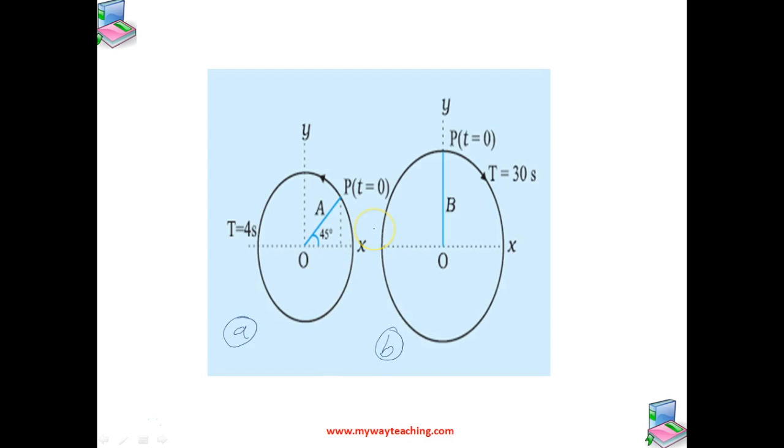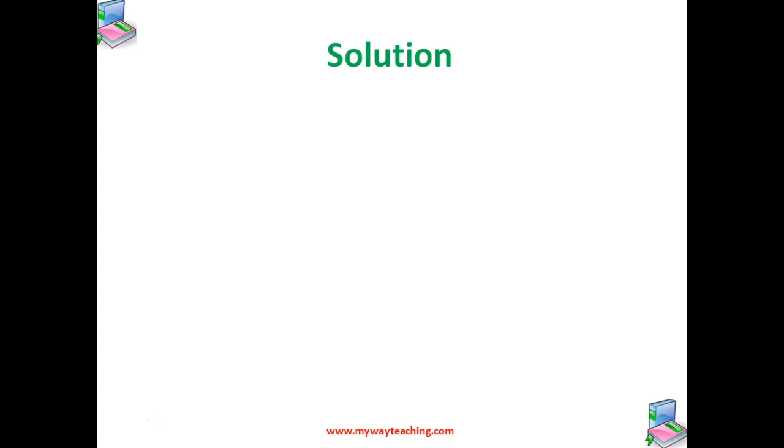Considering the first case, at t equal to 0, OP makes an angle of 45 degrees, that is pi by 4 radians, with the positive x-axis.